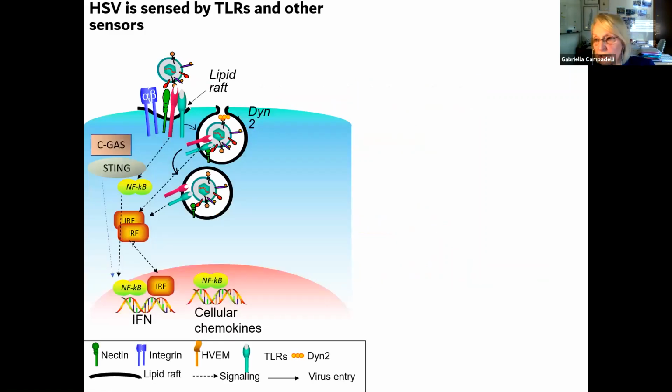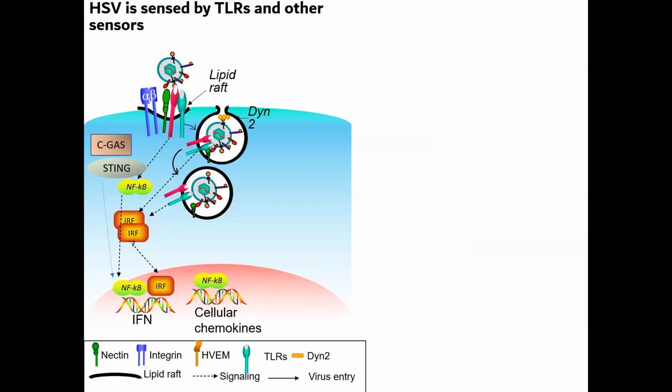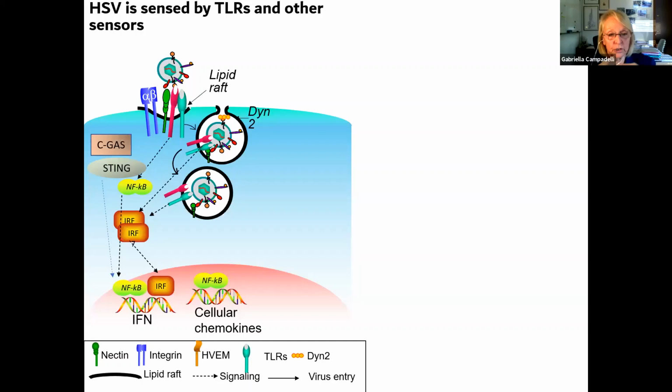So I have to give for the young people, if they are listening, a small background, really small, on innate immunity. The cell is equipped to contrast the virus. When a cell is infected by the virus, the cell reacts, counteracts the infection. And this is done through a response, which is usually called the innate response.